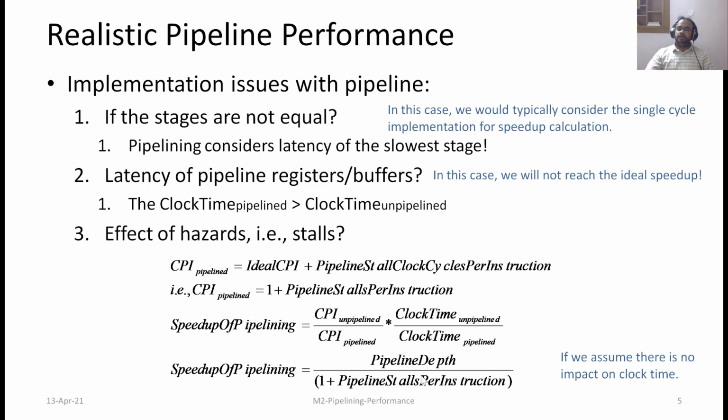And here there is one other assumption, that the clock cycle time did not change. But if that changes, then the equation would be pipeline depth times the clock time of the unpipelined implementation, and in the denominator you would see the clock time of the pipeline implementation.